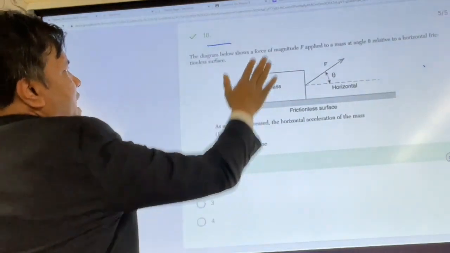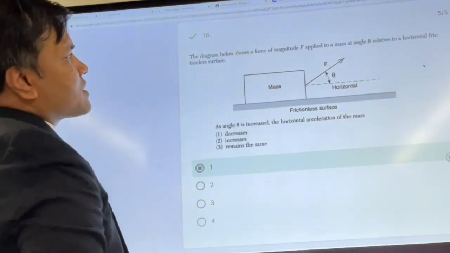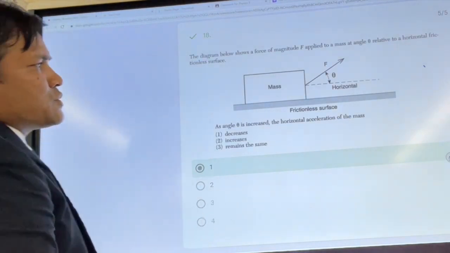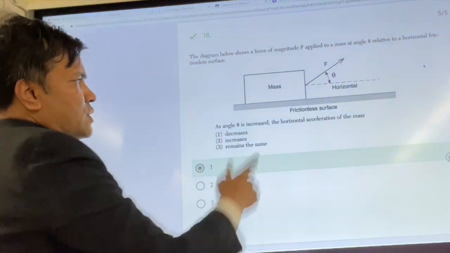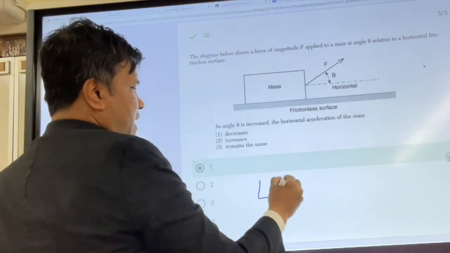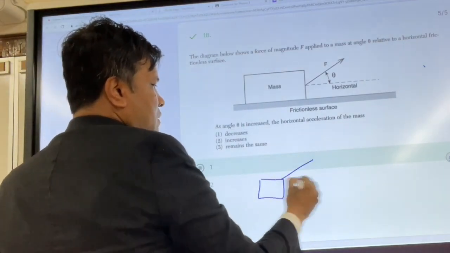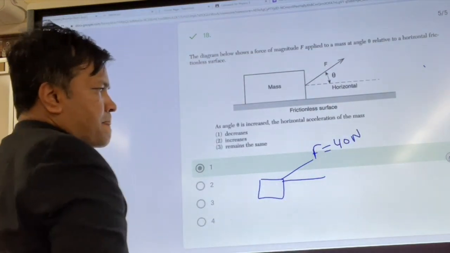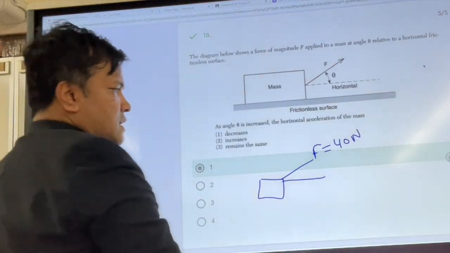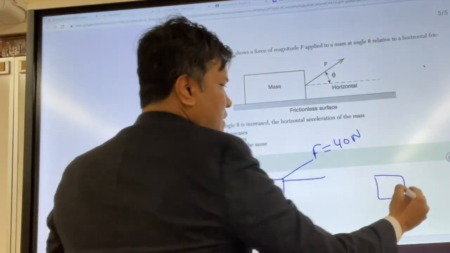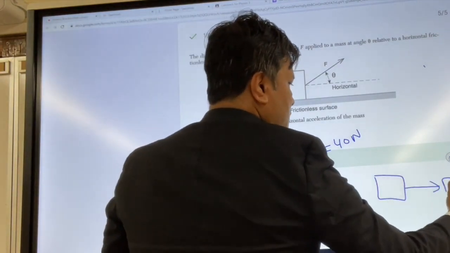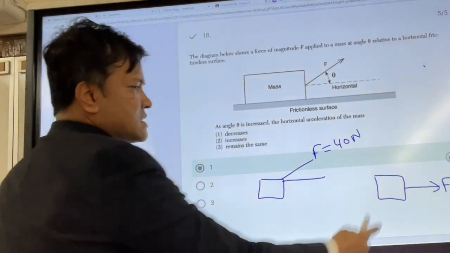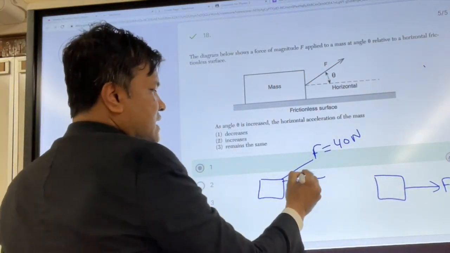All right, the diagram below shows the force, magnitude, and angle theta. Today we did this. For example, if you have a mass and you apply a force of 40 Newton, this is angle 0 and this is angle, let's say, 30.